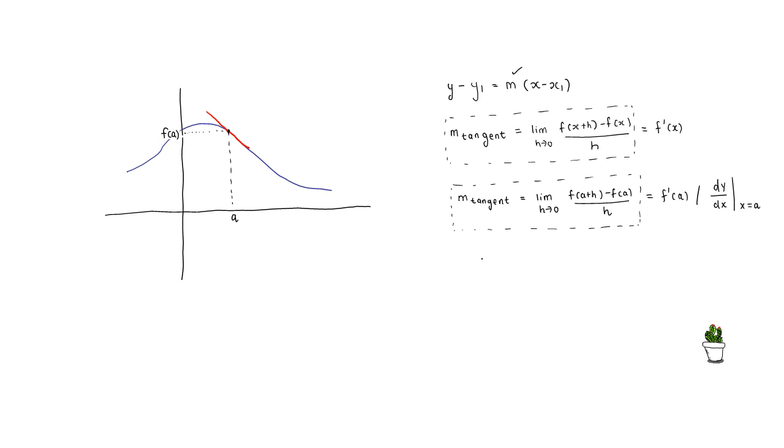Next, we will need a point on the tangent line itself, and we have that point. That point is the point a, f of a. So that's our point on a tangent line.